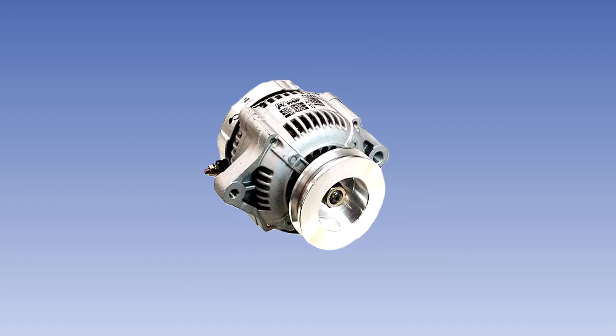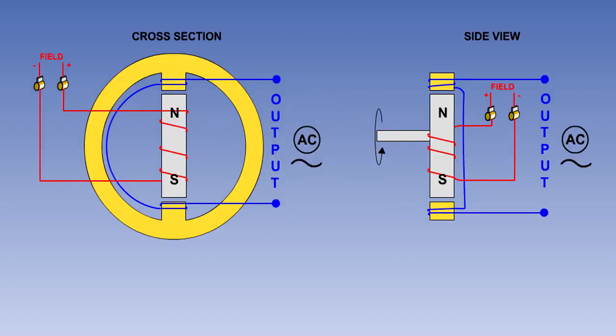In most modern light aircraft, AC machines known as alternators have replaced DC generators as the source of electrical power. In an alternator, the functions of the rotating and stationary components are reversed compared to those on a DC generator.